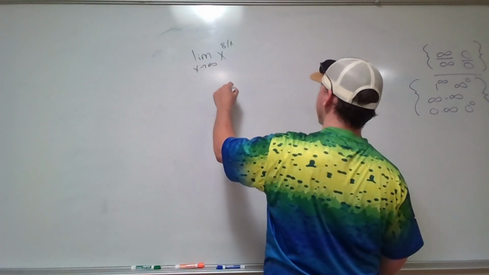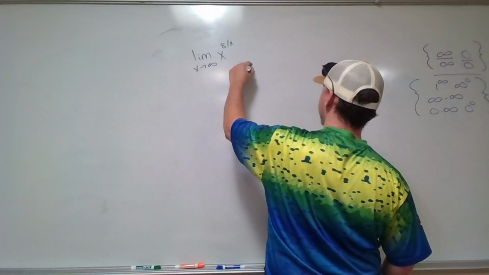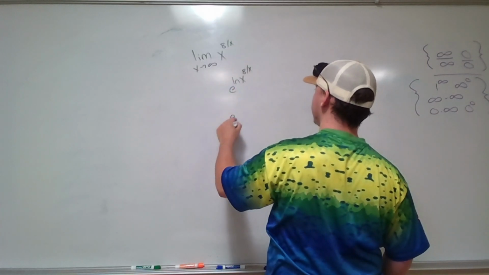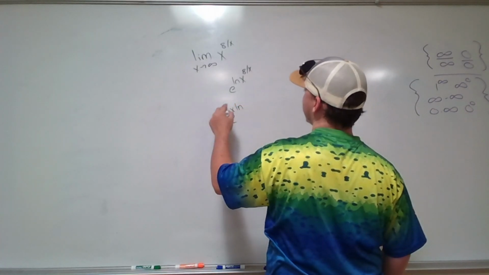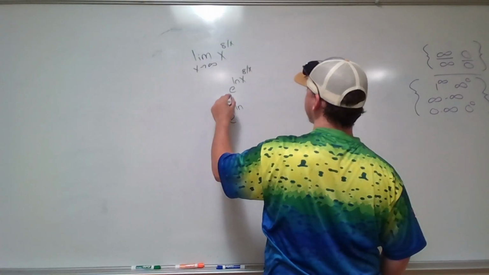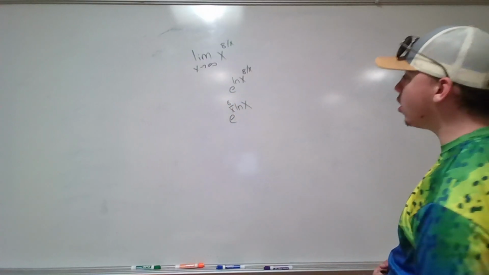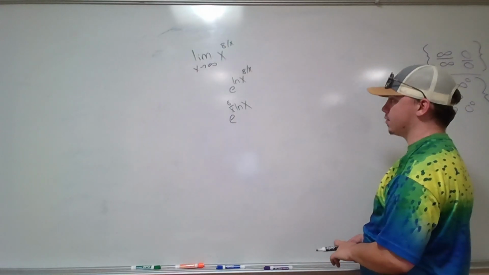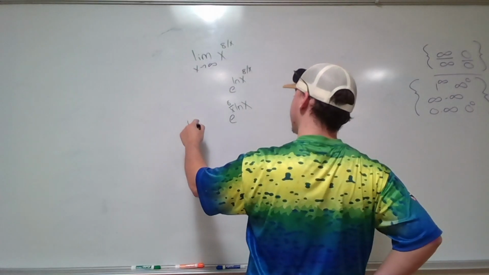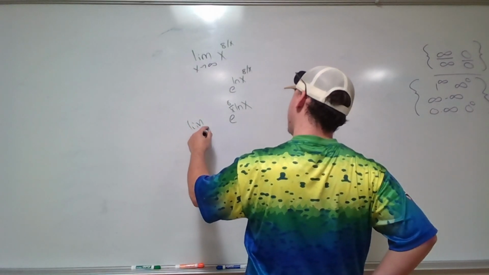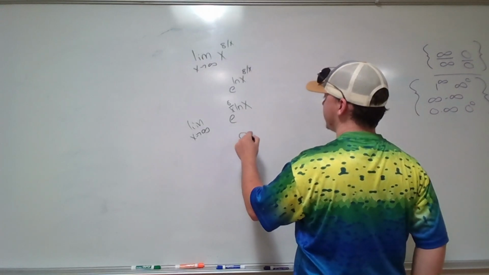Well, we can just put an e element on it, like we tried to do in the last one. We're going to get x to the power of a over x, which can become e to the power of a over x times ln x. So, is this all of this? I do not think so. Because now what we have is, as x approaches infinity, we have 0 times infinity still.